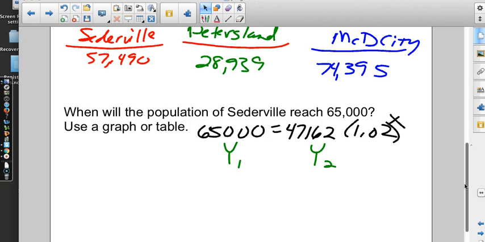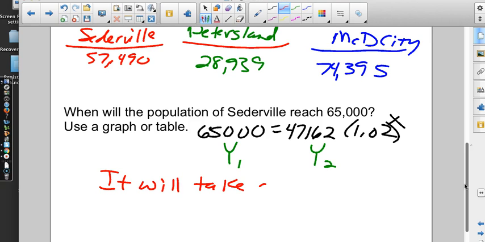Intersection. You either go down there or just punch a 5. And then Blinky needs us to hit enter 3 times. 1, 2, 3. Blinky says it's going to take a little over 16 years for that to happen. It will take a little over 16 years.